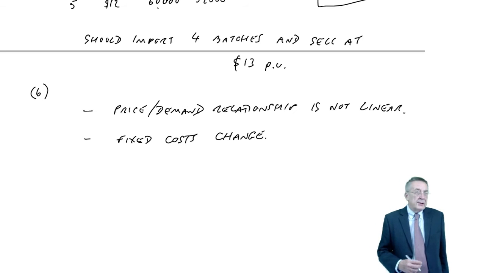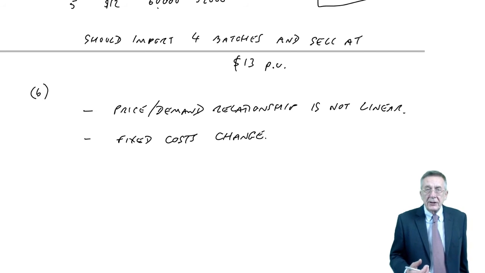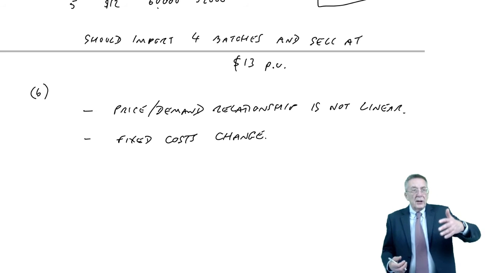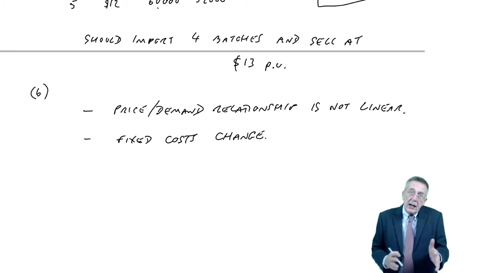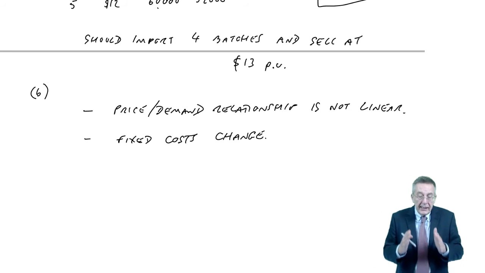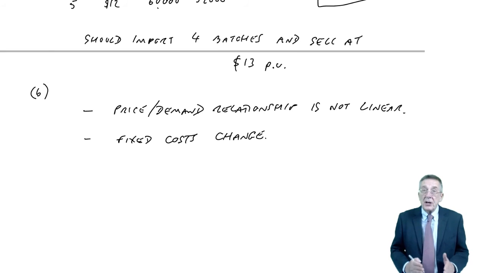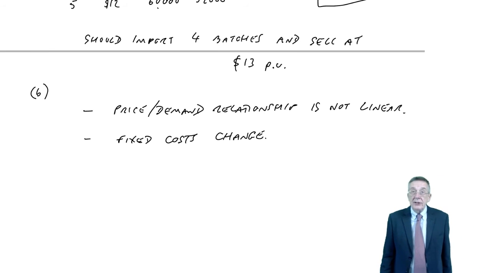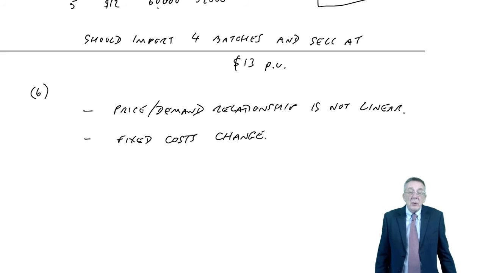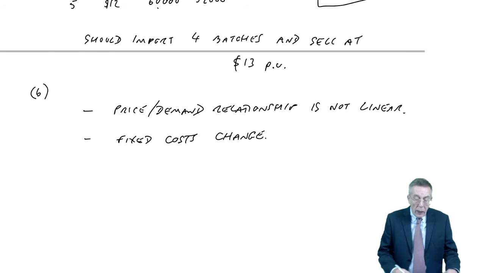You should remember that in exam questions, when it's algebraic, the marginal cost is the variable cost per unit. They stand to be fixed costs, but they aren't relevant to the decision, provided it's the same fixed costs, whatever's happening. Here, the fixed costs do change. And so we're not going to be able to do it the normal way.